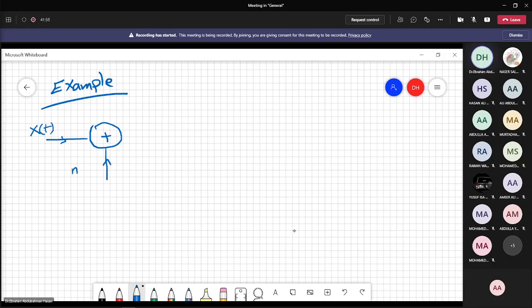It's mixed together. Where omega of x of t is less than 50 pi radian per second.